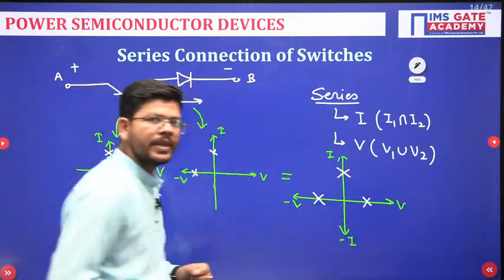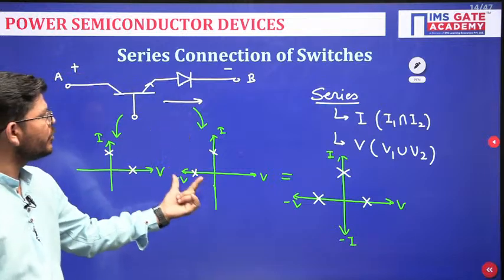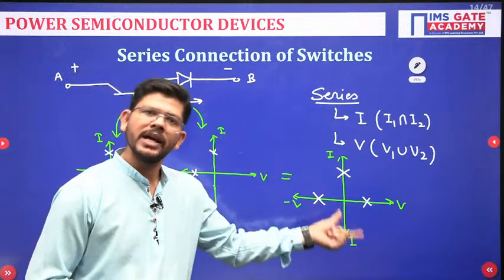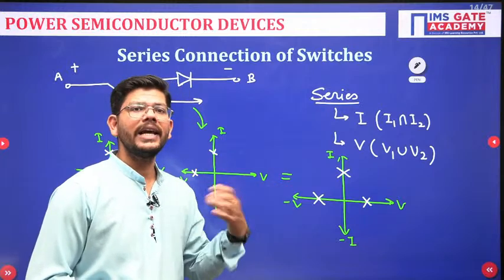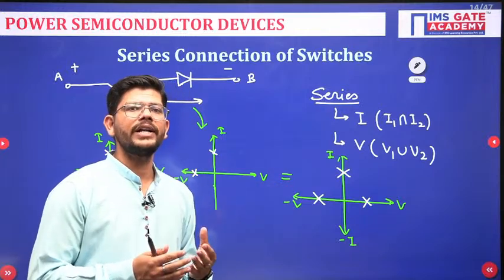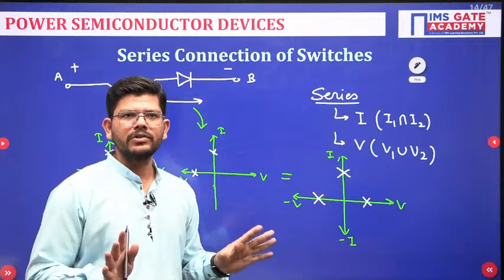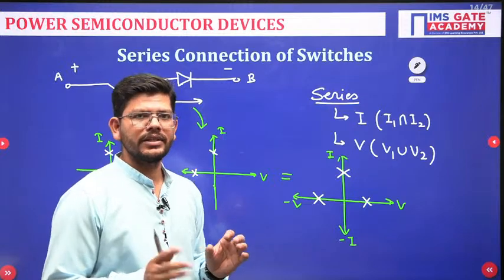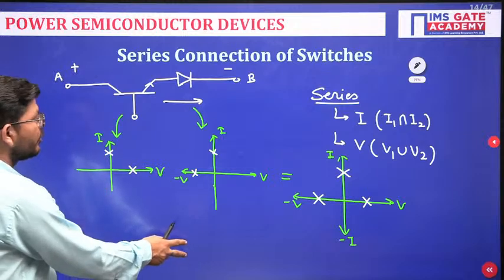BJT is unipolar unidirectional, diode is unipolar unidirectional, but the combination is now bipolar and unidirectional. So you can use this combination in an application that requires handling both types of voltage but carrying current only in one direction. That's why we connect switches in series, and this is all about the series connection of switches. I hope this is clear to you.